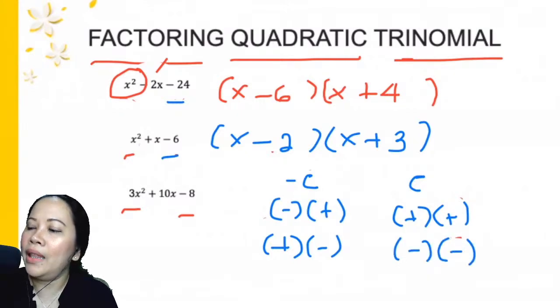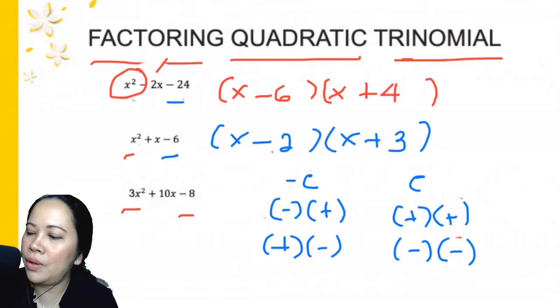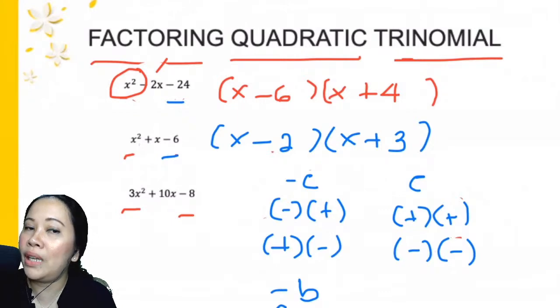Then the next one that you have to check is the middle term. If b is negative, that means the bigger factor amongst the two should be the negative one. You put the negative on the bigger factor.